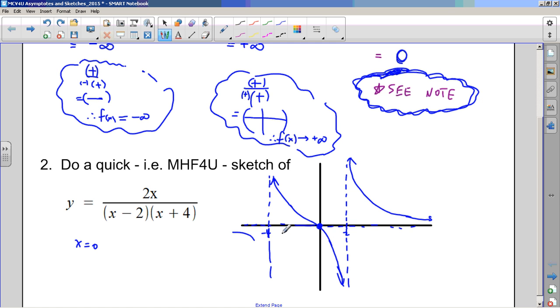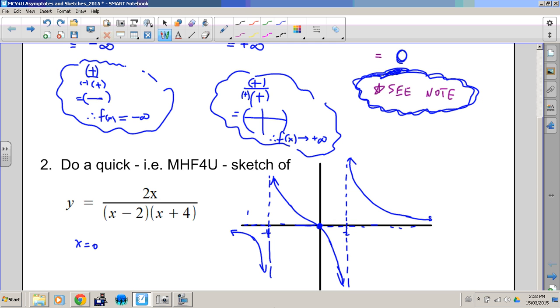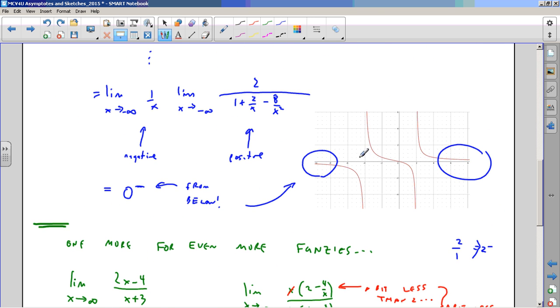I don't think it would bounce and go back down, even though I haven't analyzed the behavior near this asymptote, just because there's no other 0 there. There's no other x-intercept. And then something like that. And I think that indeed is what the Desmos graph that we had looked like. Where was it? Yeah, something like that. Good.